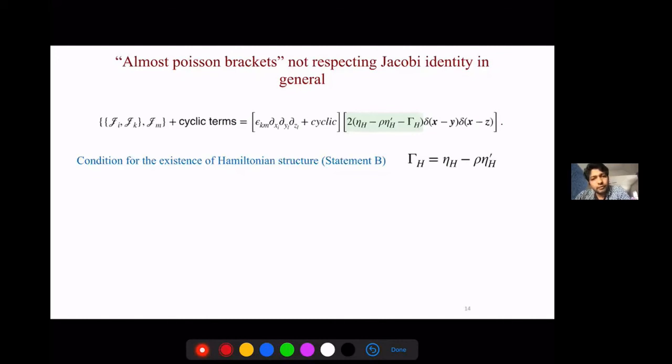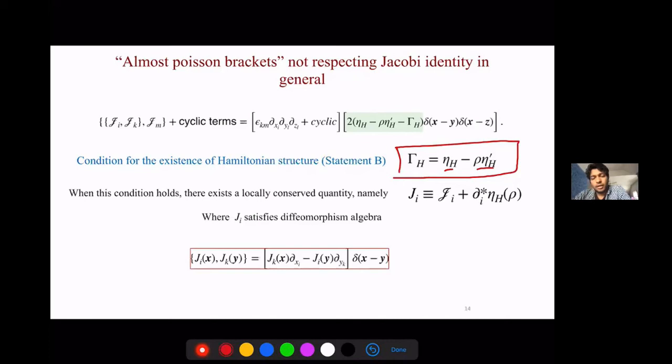If you check the Jacobi identity of the modified bracket, it turns out that they do not satisfy it in general. They satisfy the Jacobi identity only when they satisfy this condition: gamma h is eta h prime minus rho eta h prime. This condition superposed with the energy conservation condition gives you the net conditions for the Hamiltonian structure.